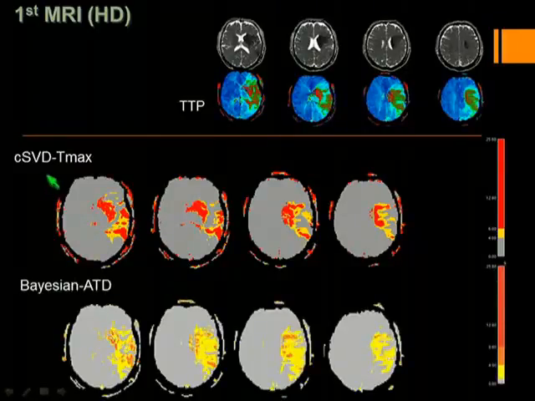If you compare that to Bayesian-derived arterial tissue delay, which is the closest we have to Tmax derived from deconvolution, you can see a lot of red spots here that are indicative of delayed perfusion of more than 6 seconds. You see a lot fewer red spots on the Bayesian-derived map, indicating that this was an overestimation of the values due to noise. And this was reflected in our follow-up study, where this patient's infarction didn't really grow.